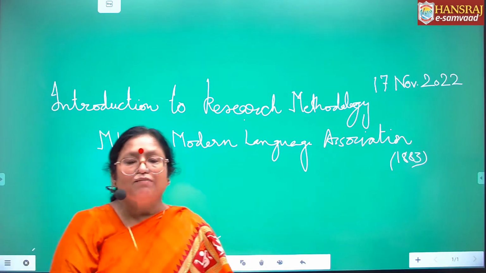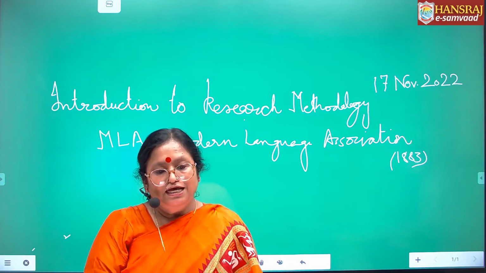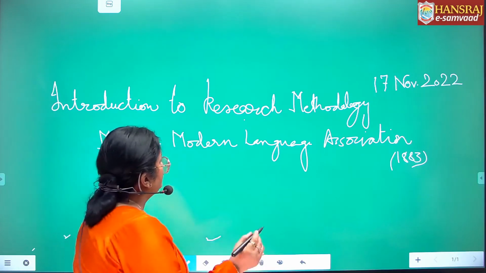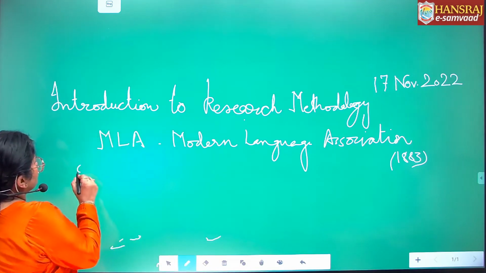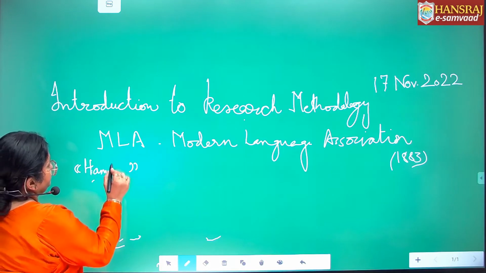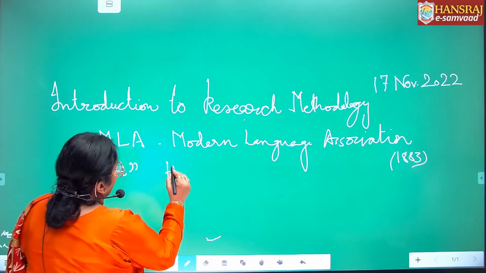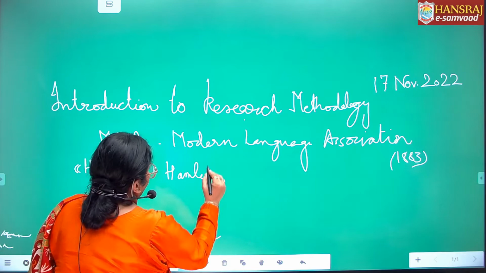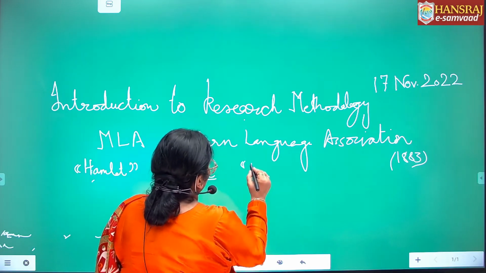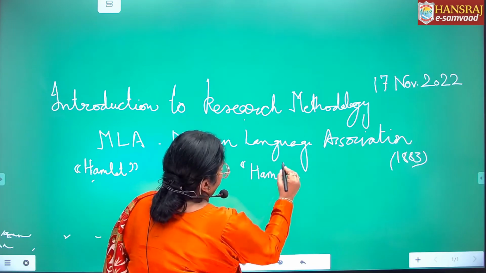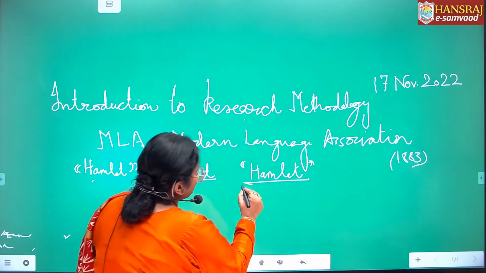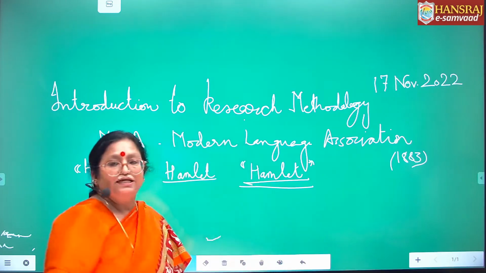The simple example I want to give you is, in our BA, sometimes for the name of the text, we use commas, like say Hamlet, or we write Hamlet and underline it. At times we use double commas and also underline it because we want to emphasize the text.